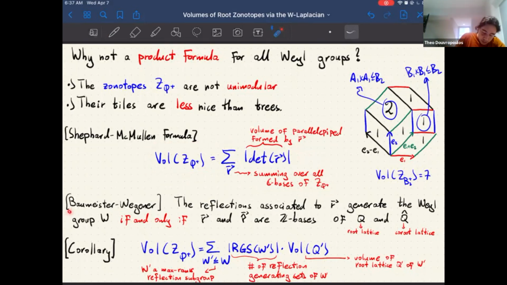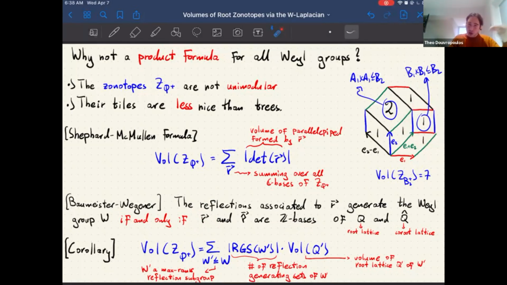A good reason is this theorem by Baumeister and Wegener. In some cases this was known before, but this complete statement was not. It says that if you have a collection of reflections, then the group that they generate is determined only by what sort of Z basis the roots and the co-roots form. Okay. So, for instance, in this example right here, if I take the two short roots, they do generate the whole root system, but their co-roots do not generate the co-root system.